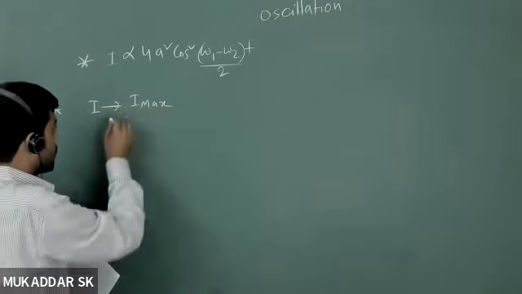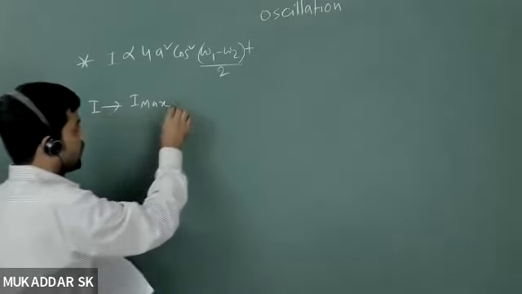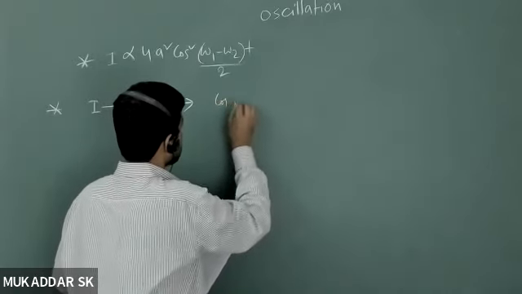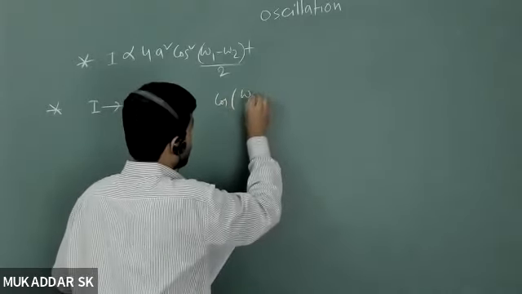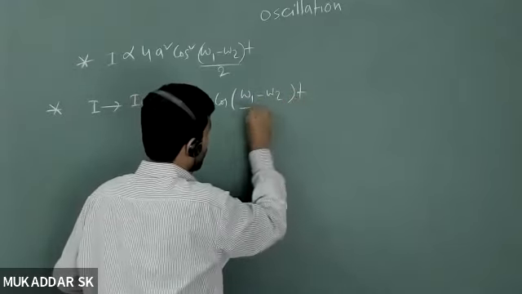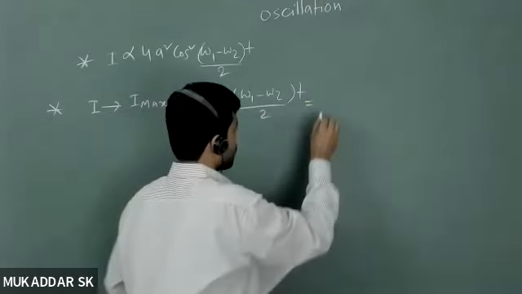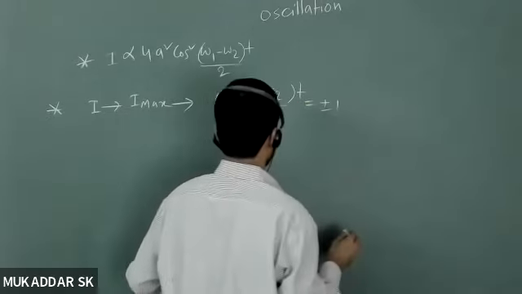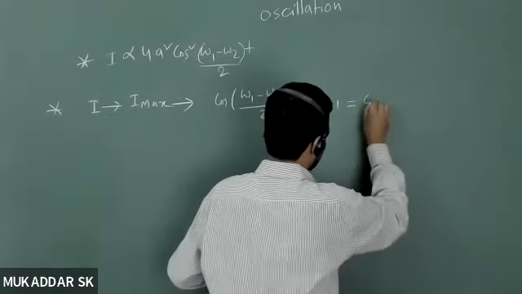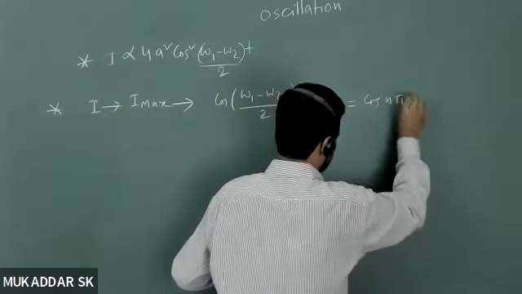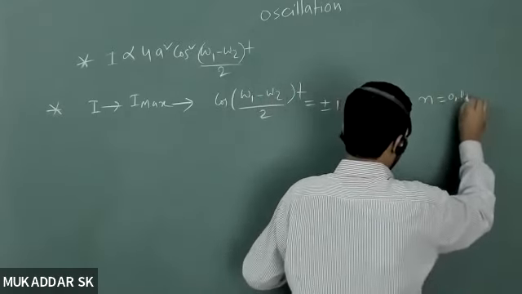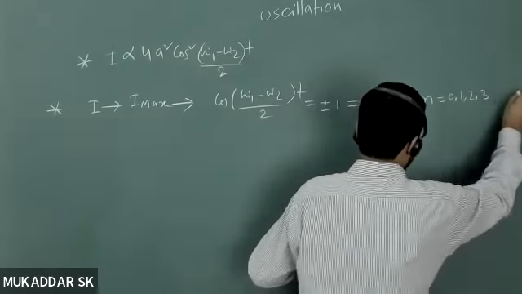So you will get I equals I max when cosine of (omega 1 minus omega 2) t by 2 should be equal to plus minus 1. Okay, plus minus 1 means cosine of n pi, right? Where n can be 0, 1, 2, 3 and so on.